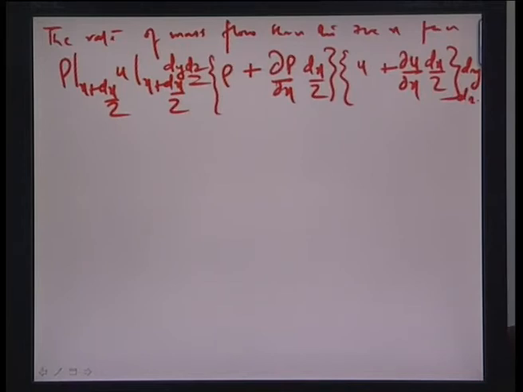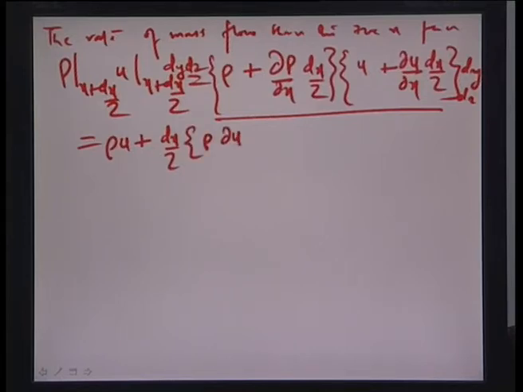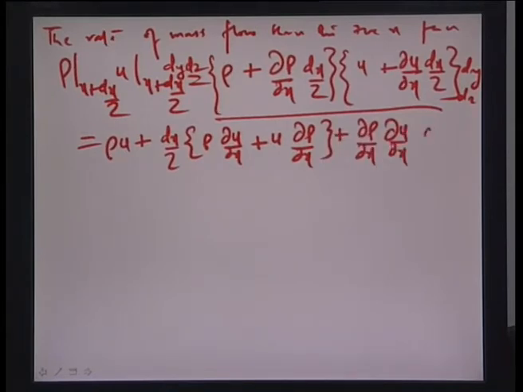If you solve this particular equation, you have the resolved value as rho u plus dx by 2 times rho del u by del x plus u times del rho by del x, times dx by 2, and of course you have a component here with all the dels, del rho by del x times del u by del x, with the square of dx by 2.